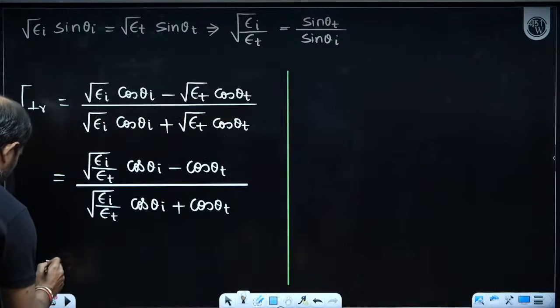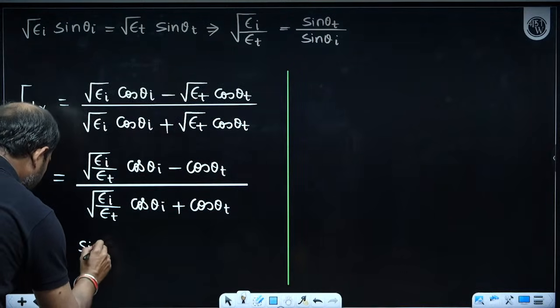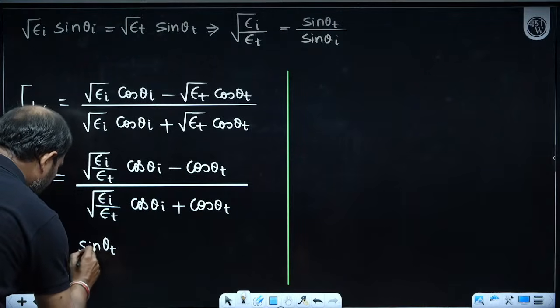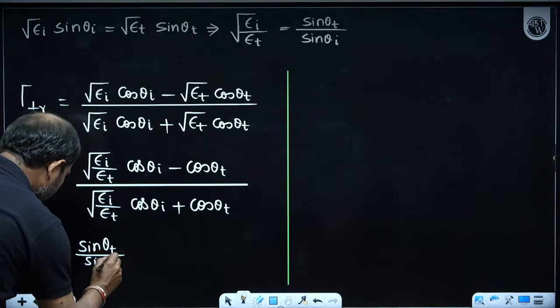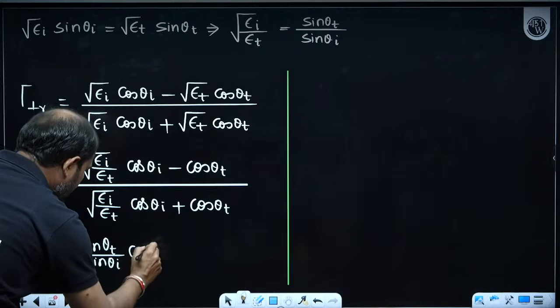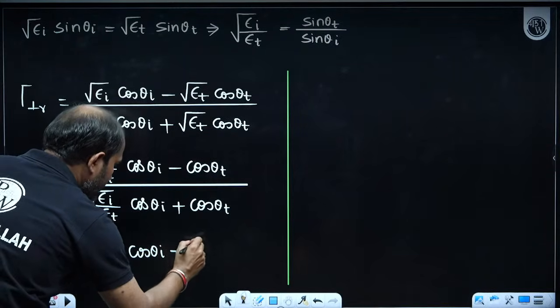So you will put the value of the ratio sin theta t upon sin theta I, cos theta I, and cos theta.